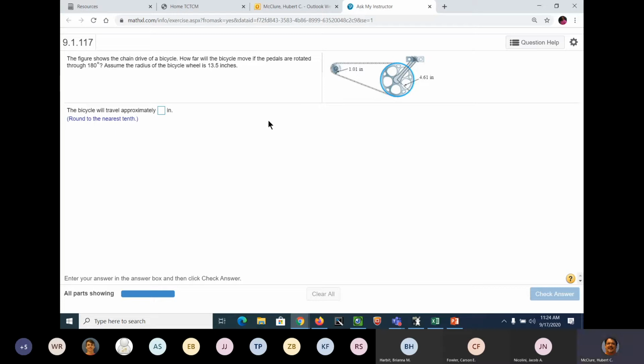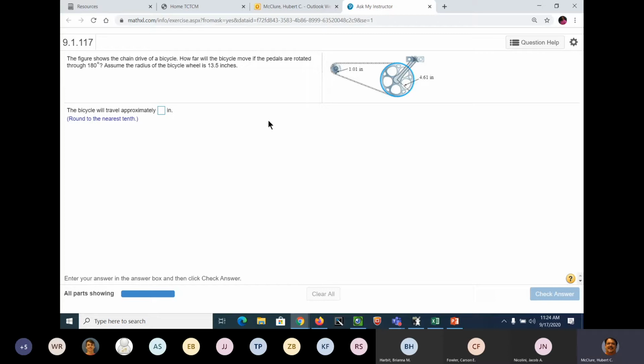And it says if the pedals are rotated 180 degrees, that's pi. So I'm going to draw in a pink arrow, and that's equal to 180 degrees or pi. And the bicycle wheel, I'll draw it another color, I'll draw it as a green.